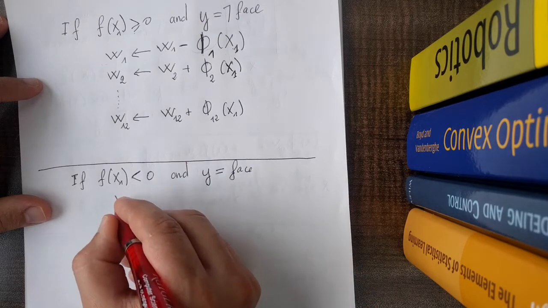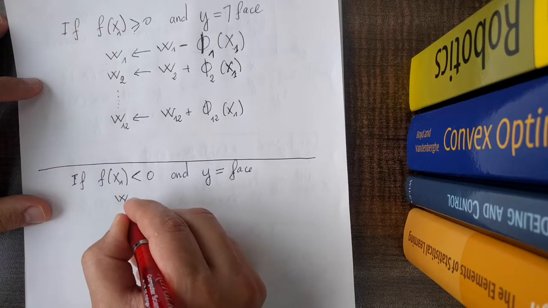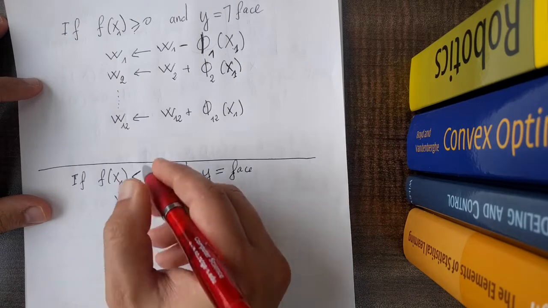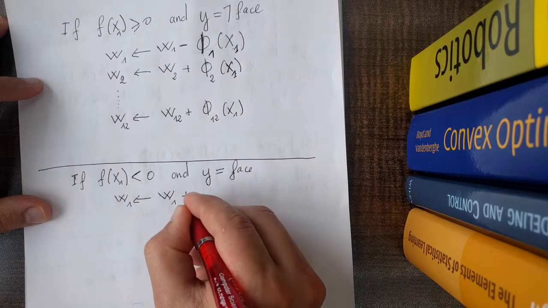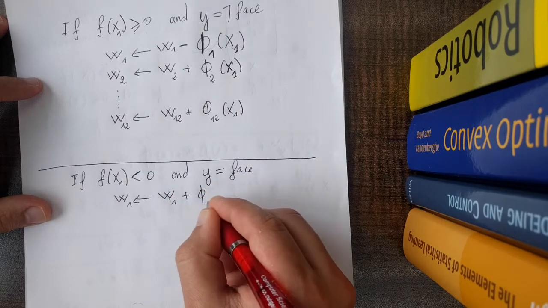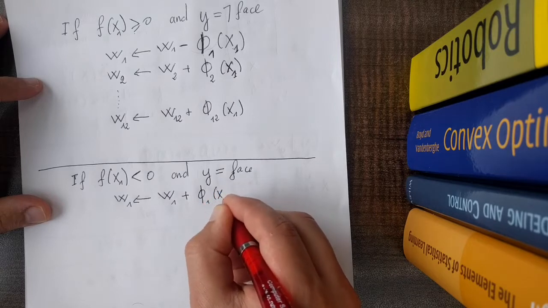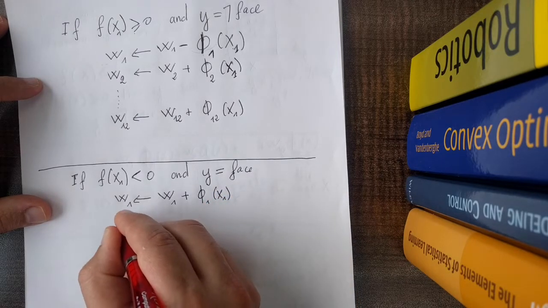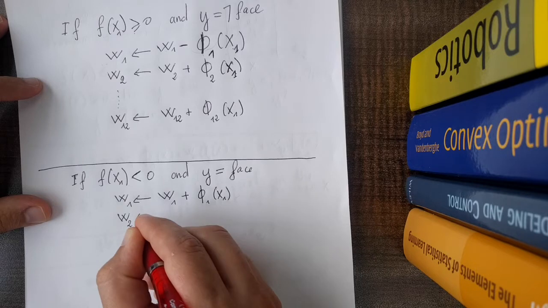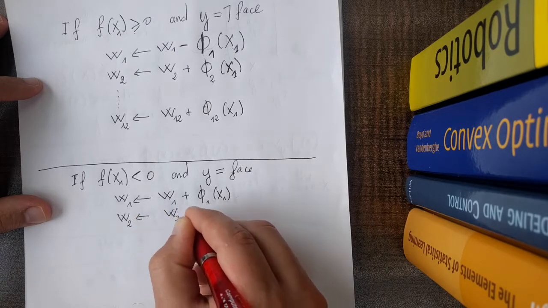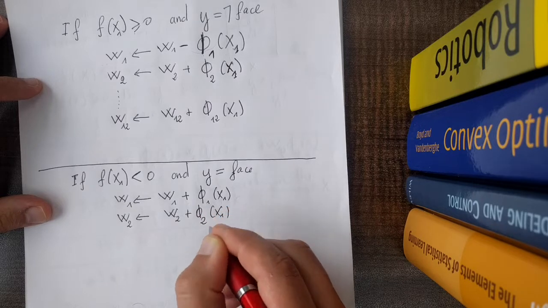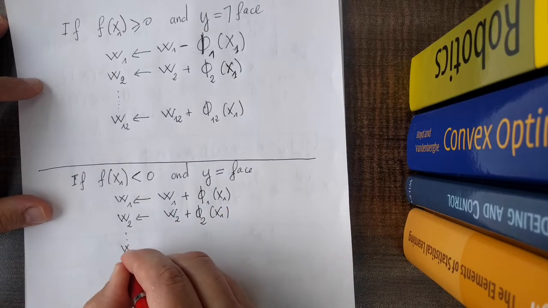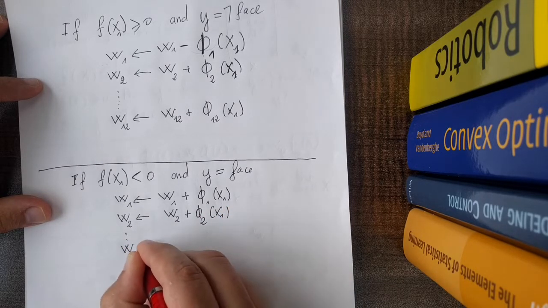So what we'll be doing is exactly the same thing as before, except that now you'll be increasing the weights as opposed to decreasing them. So W2 is the old W2 plus the feature, the second feature, phi2 of x1, etc. So all the weights will be updated in this way.